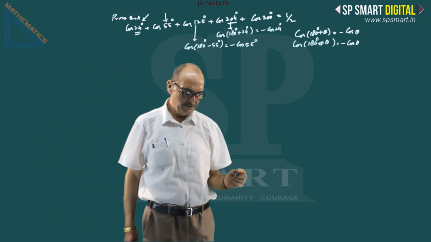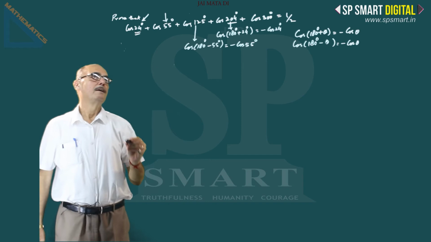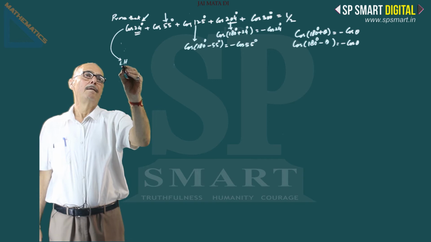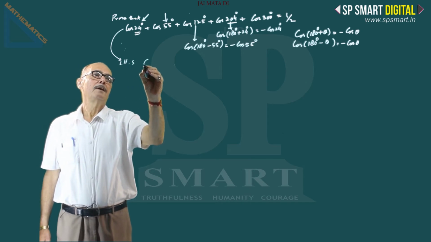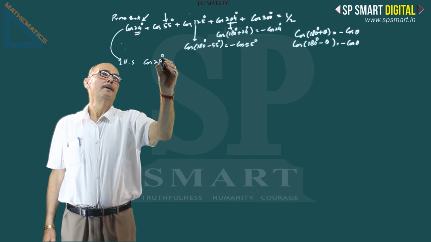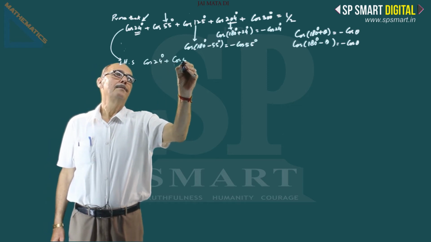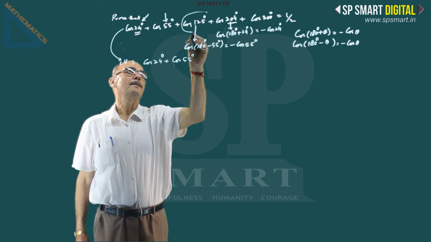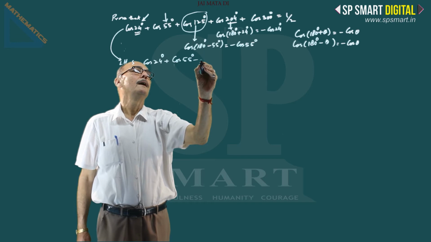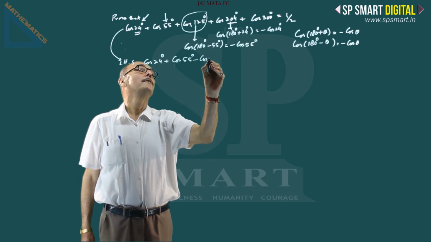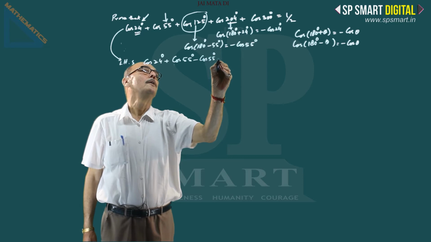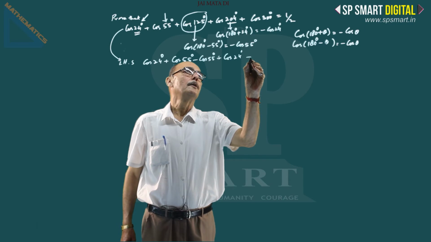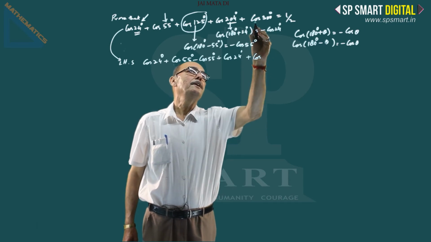So, finally, from this result, if you take the left hand side, this is cos of 24 degrees plus cos of 55 degrees, and instead of cos of 125 degrees we shall put down minus cos of 55 degrees, plus cos of 204 degrees, plus cos of 300.